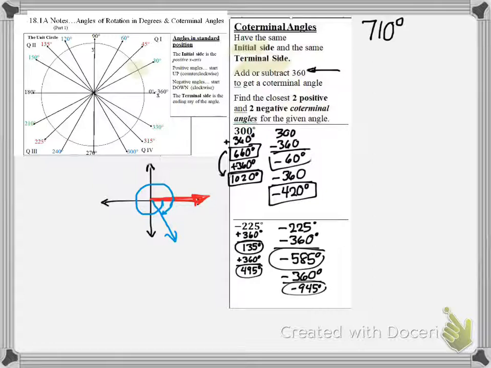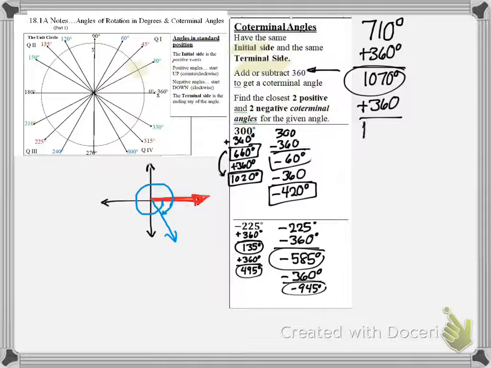710 degrees. If I wanted to get a positive, I could say plus 360 degrees. And 710 plus 360 is 1070 degrees. And another positive, I could go plus 360 degrees.